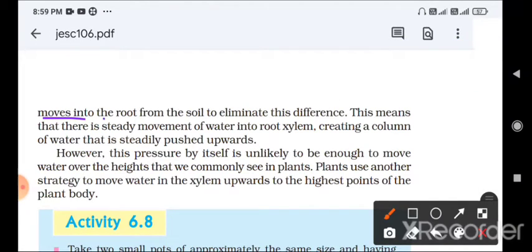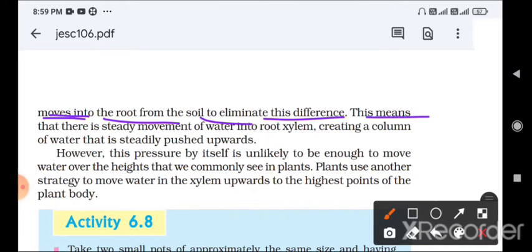Water therefore moves into the root from the soil to eliminate this difference. The root absorbs the ions from the soil, creating a difference between soil and root, so that difference moves the water molecules upward to eliminate it.